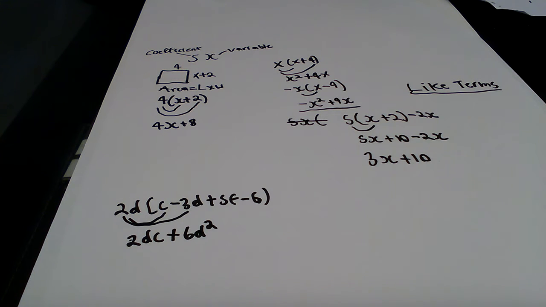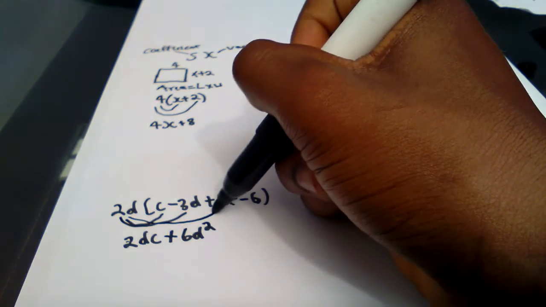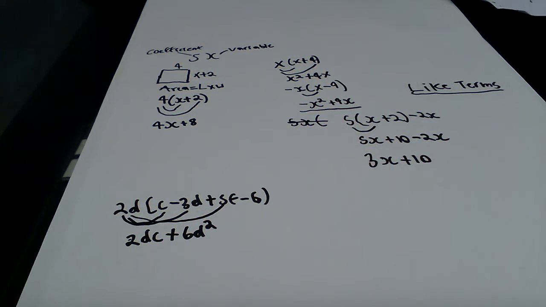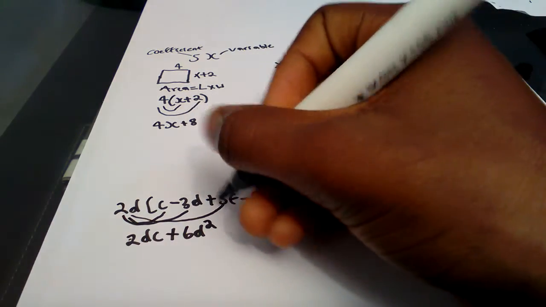Then we can go for 2d times 5f. It's 5f, okay? d times 5f will be 10df, okay?